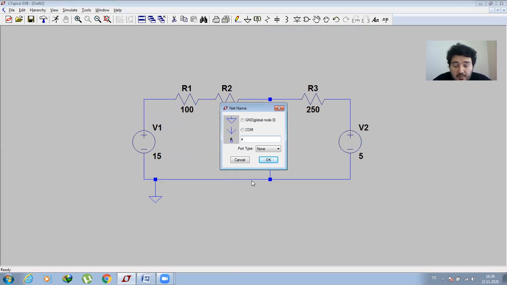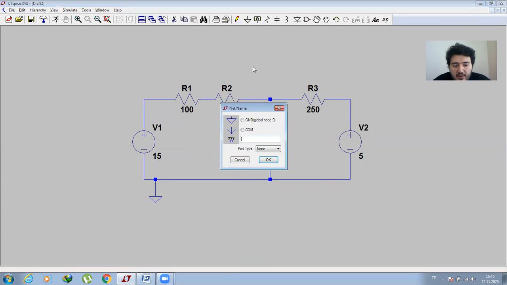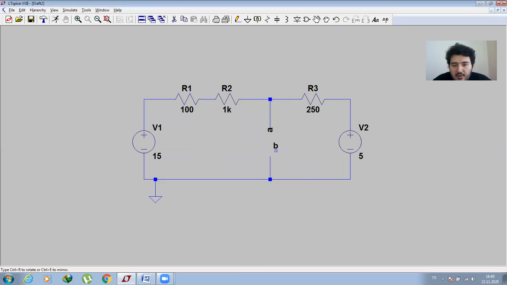According to the experiment sheet, I will name this node A. So I select A, and my label is coming. I come to the end of this line, and left click once, and it names this node A. Again, I also want another name, B, and click OK.